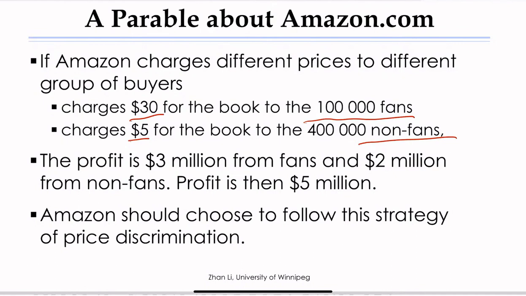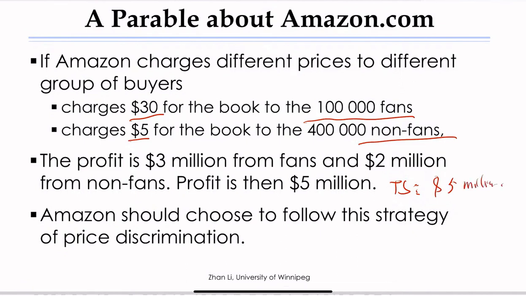Now you can see what the total surplus is here. Well, basically, for both types of buyers, Amazon is charging them their willingness to pay. So their consumer surplus is 0. So total surplus equals the firm's profit, which is $5 million.